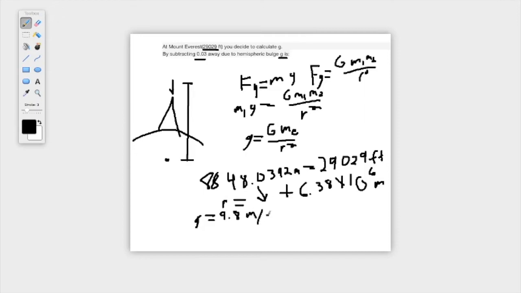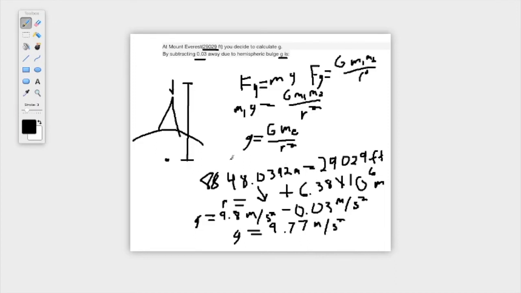But again, since there's a slight error, you have to subtract 0.03. And then you get g is equal to 9.77 meters per second squared on Mount Everest.